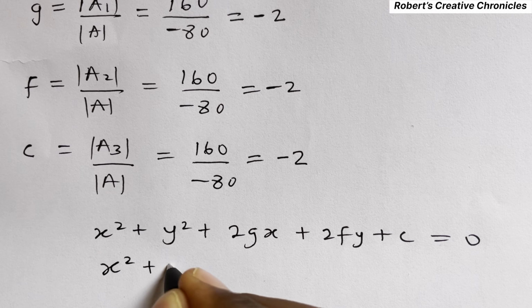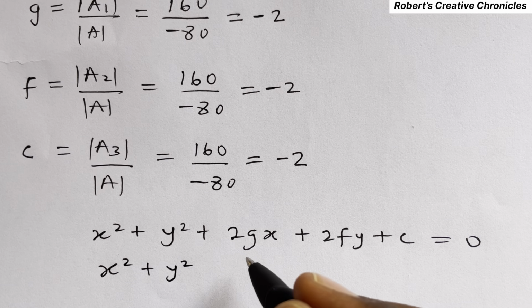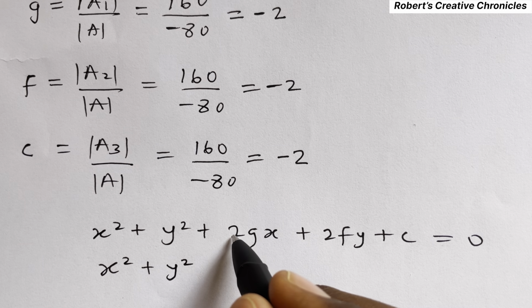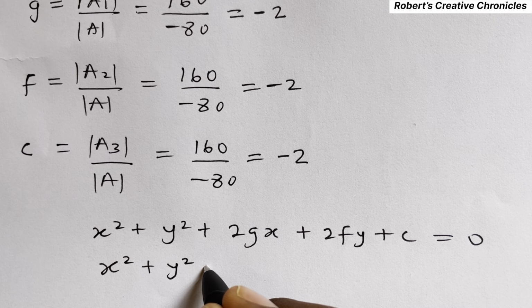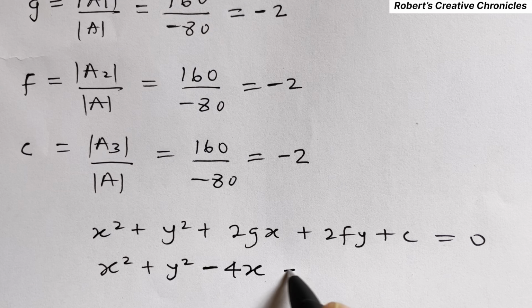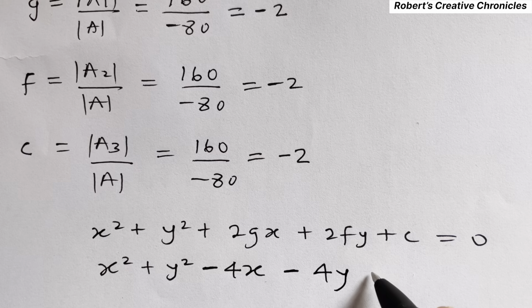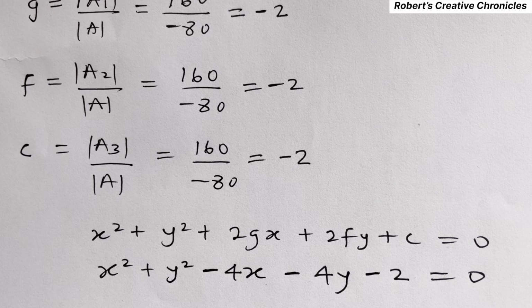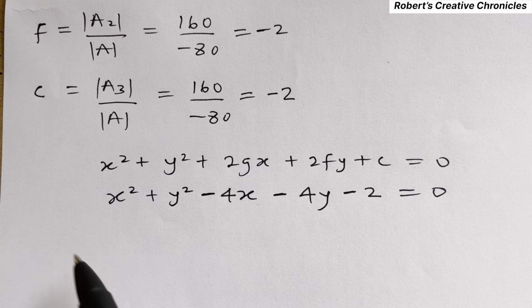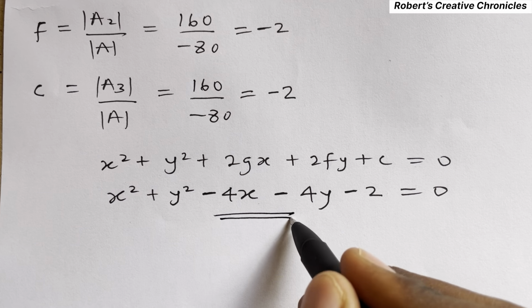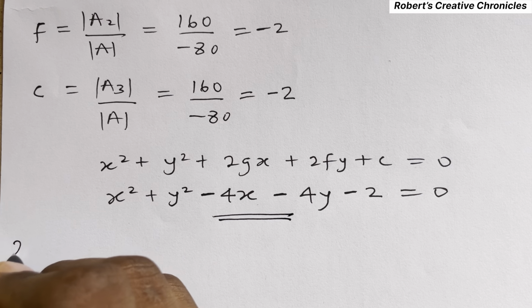So it will be x squared plus y squared. Then this is negative 2, so negative 2 times 2, which is minus 4. Minus 4x. Likewise here, minus 4y. Then minus 2 is equal to 0. So for the first exercise, this is the required equation of a circle. Now let's move to the second one.